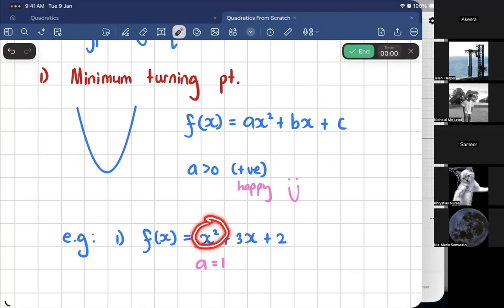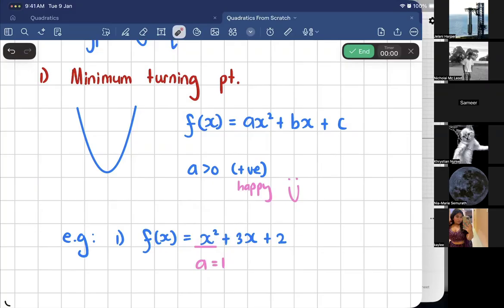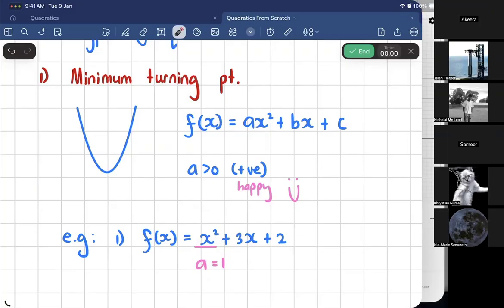The number in front of x squared tells you the amount of x squared you have. So if you have 2x squared, that means you have 2x squared. If you don't have any number, that just means you have 1x squared. So a is 1. Kaylee, let me know if you understand that.